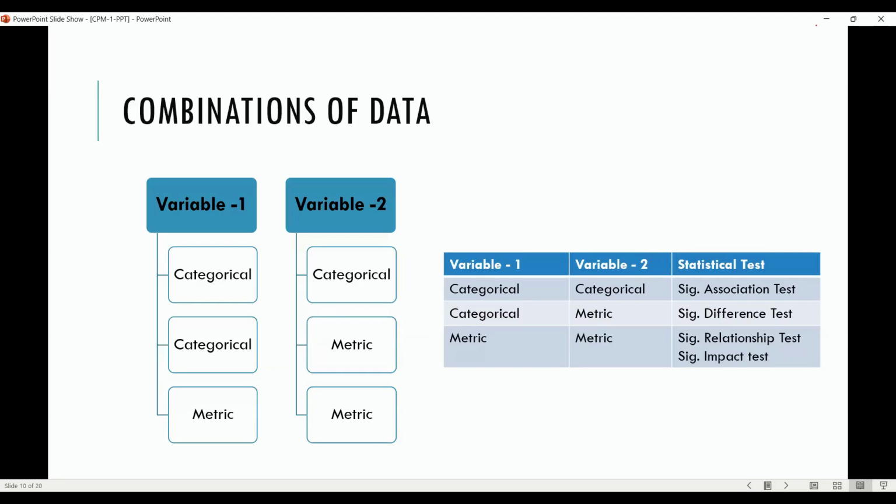The thing is that when it comes to categorical data and metric data, these are the only 3 combinations out there. Either both the variables could be categorical in nature, or both the variables could be metric in nature, or one variable could be categorical and another variable would be metric. So these are the only 3 combinations. And based on the 3 combinations only, we are doing the 4 important inferential statistics.